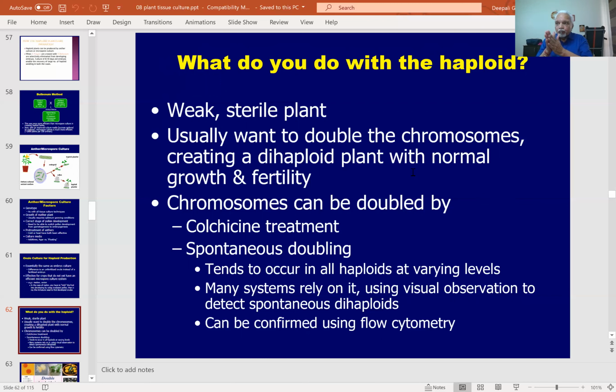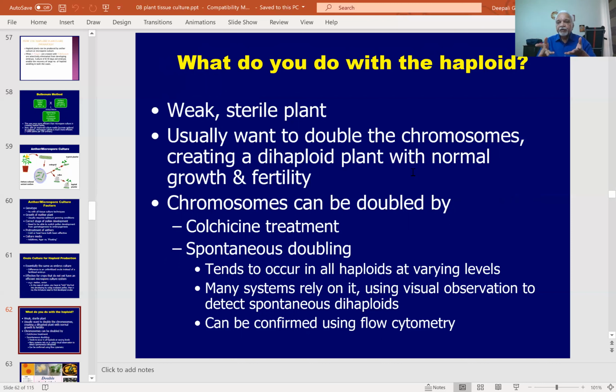Dihaploid formation is important so that this plant can participate in future sexual reproduction. So how does this diploidization happen, how does the single set of chromosomes get converted into two sets? That happens spontaneously, and it can also be induced by a chemical called colchicine.